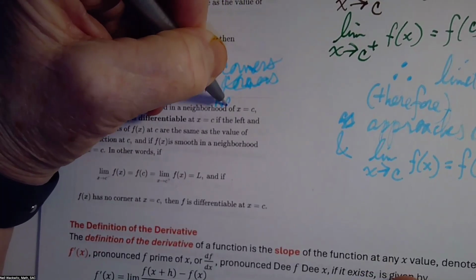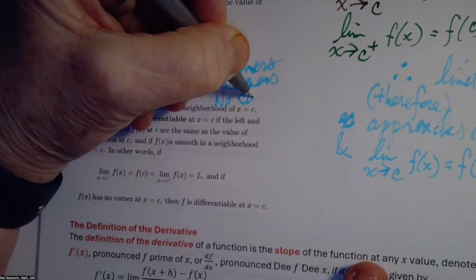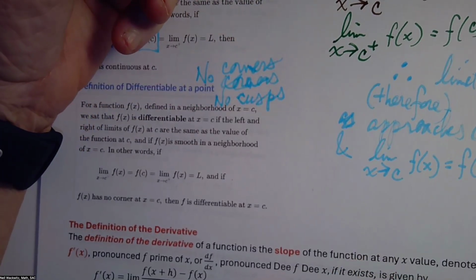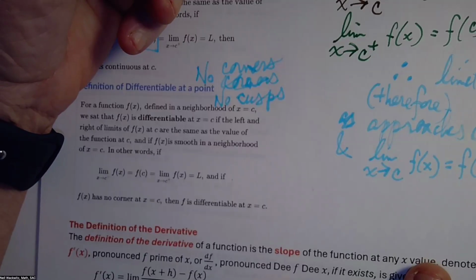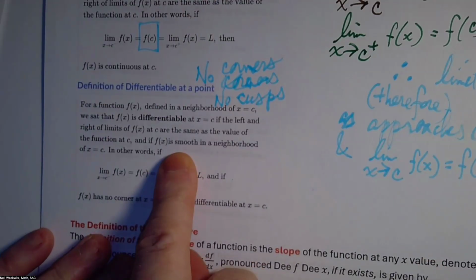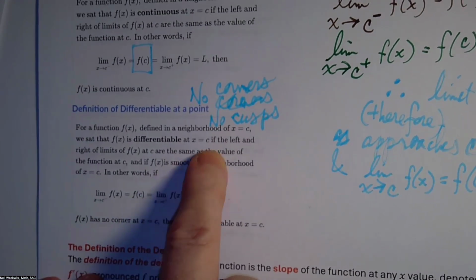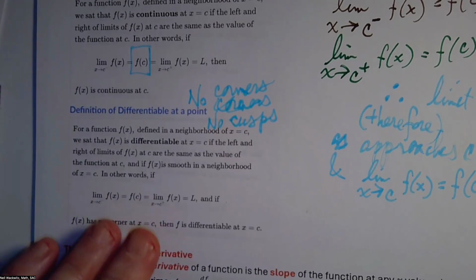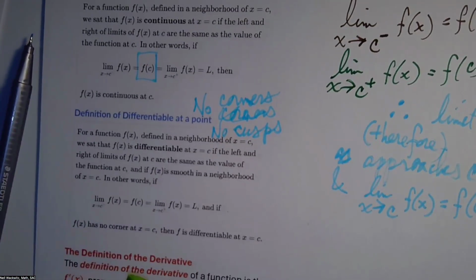No cusps. I'll draw a cusp in a second. And smooth is one of the ways that we say that it has no corners. So let's look at these words. Let's see if we can make sense of these words.